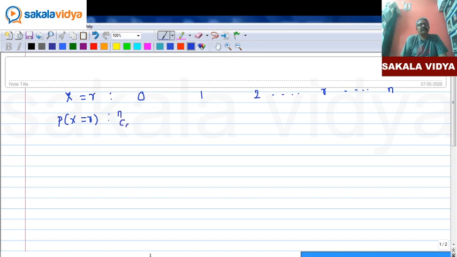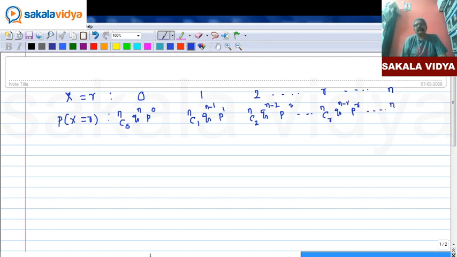This is nC0 q to the power of n p to the power of 0. This will be nC1 q to the power of n minus 1 p power 1. This is nC2 q to the power of n minus 2 and p square, and so on, nCr q to the power of n minus r p to the power of r, and so on, nCn q to the power of 0 p to the power of n.